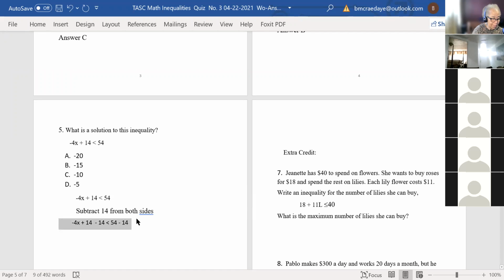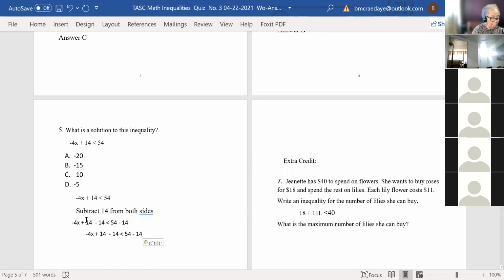That's it, very good. On the left, 14 minus 14 goes to 0, so we don't have to put the 0. We'll just have, as Maureen said, just 4x.